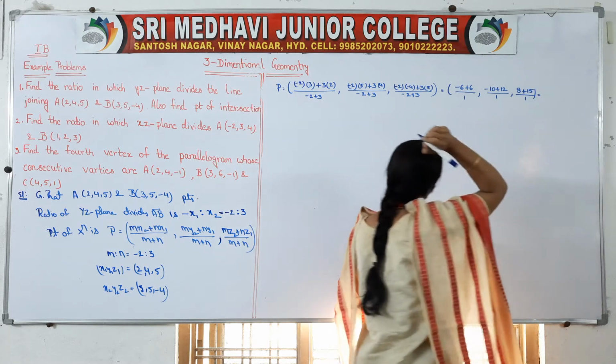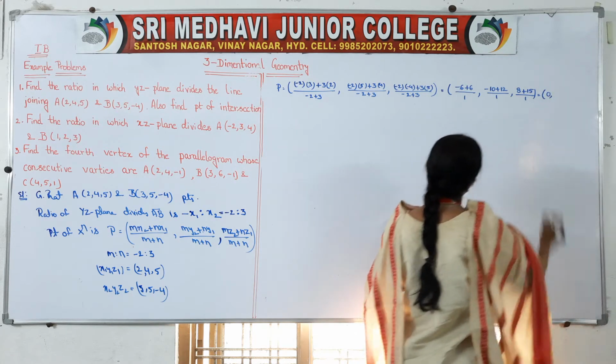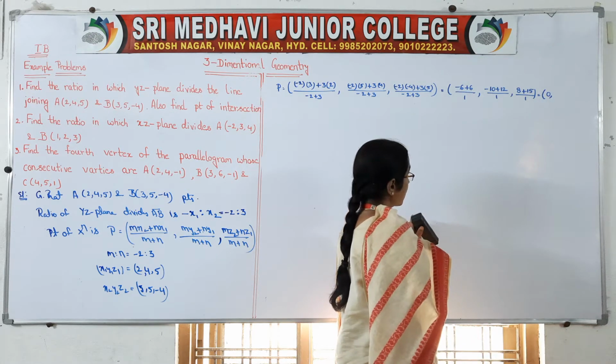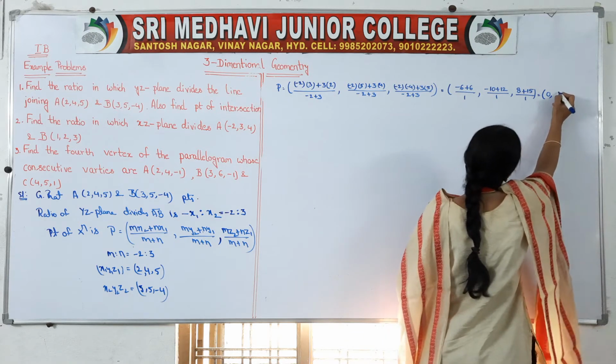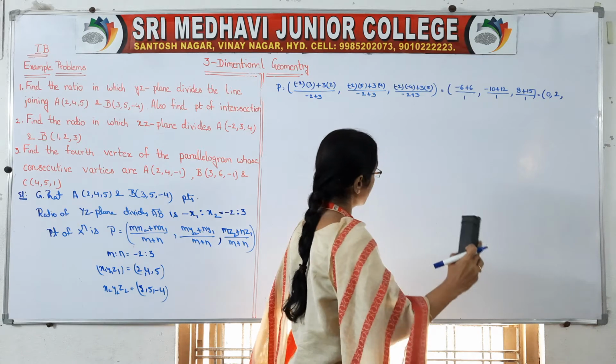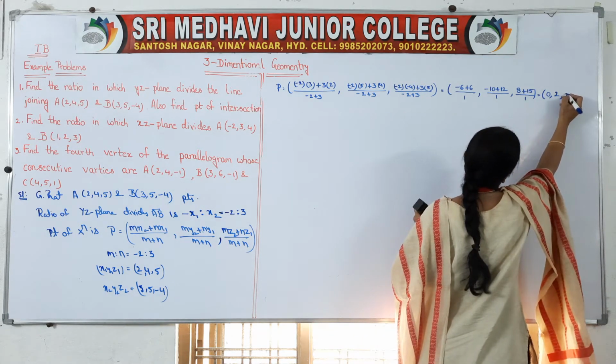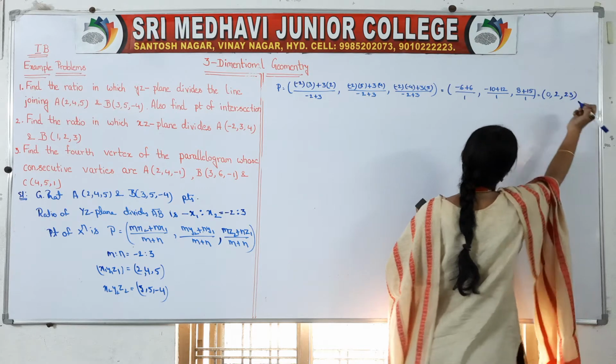Minus 6 plus 6, 0 by anything is 0. Next minus 10 plus 12, that is 2. 2 by 1 is 2. Next 15 minus 8, 7. 7 by 1 is 7.